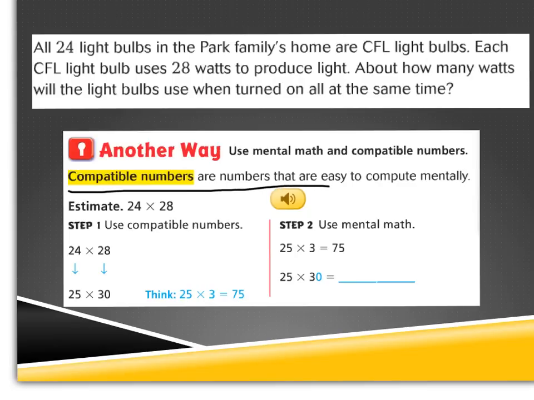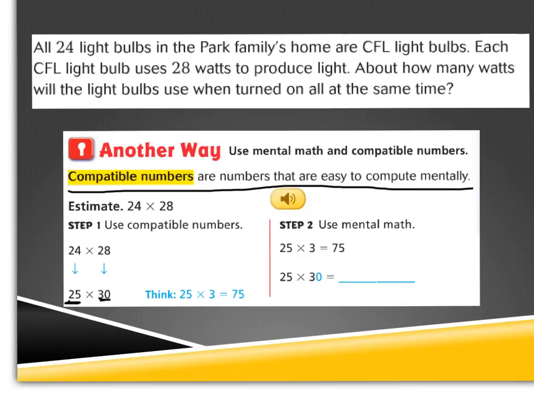Compatible numbers are just numbers that you can compute with easily in your head. To solve 24 times 28 using compatible numbers, instead of rounding 24 to 20, I would simply round it to 25, since I can pretty easily multiply by 25, thinking of money. I would then round 28 to 30 to find my estimate.